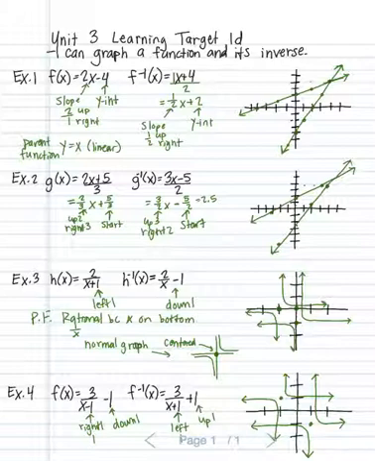Alright, so we've got all 4 of these graphs and their inverses drawn. What I'd like for you to notice, all of these graphs are kind of symmetrical to some sense. If you look at that y equals x line, on each of these things, that y equals x line is just that diagonal line.